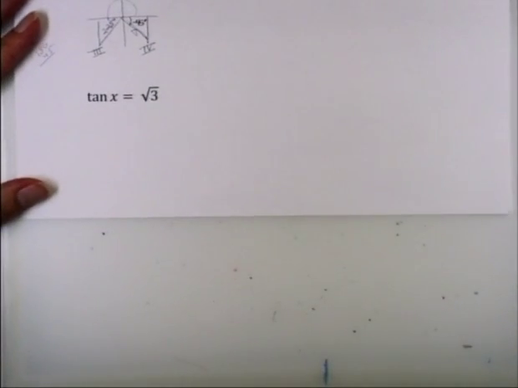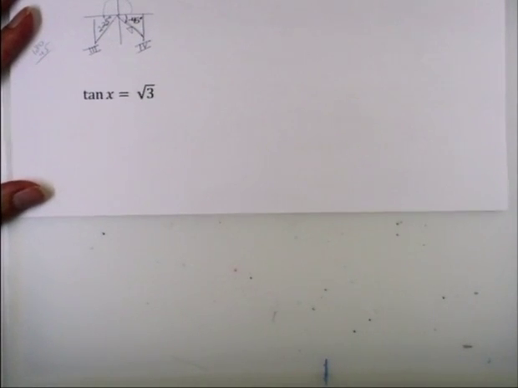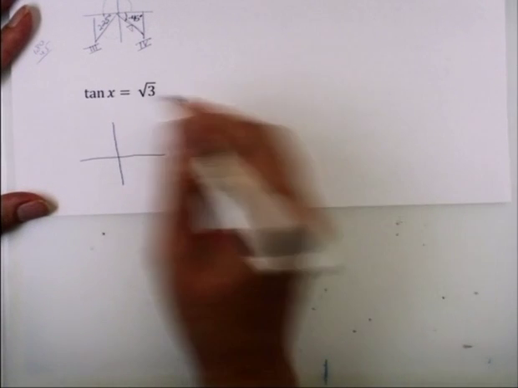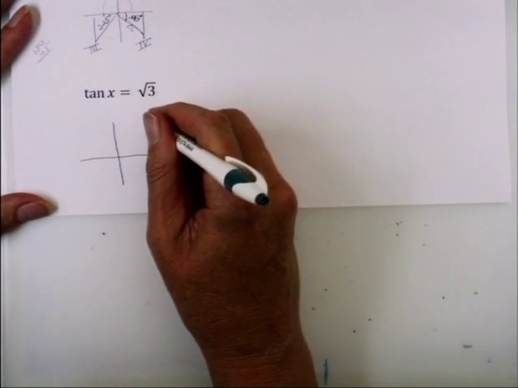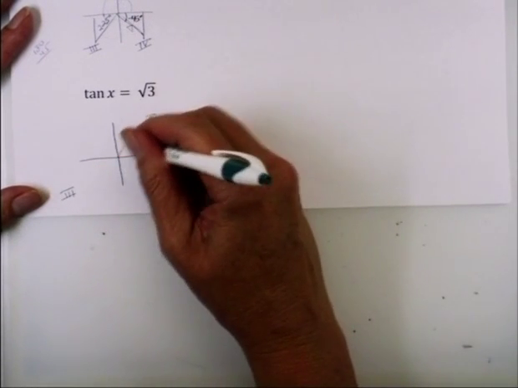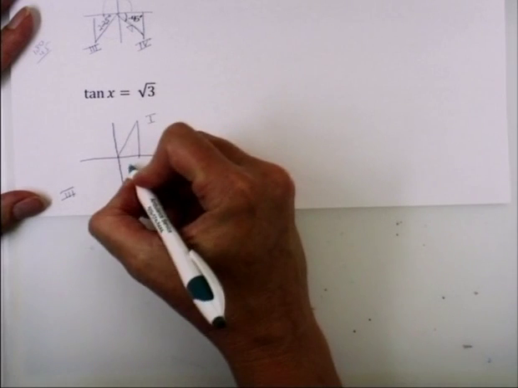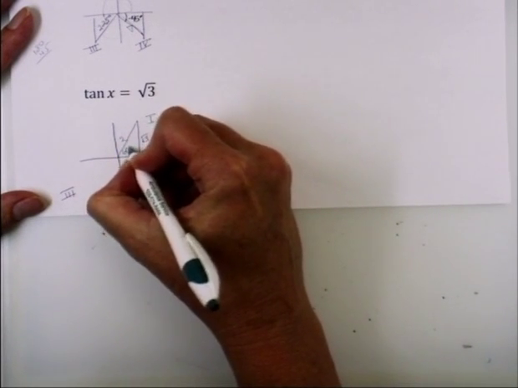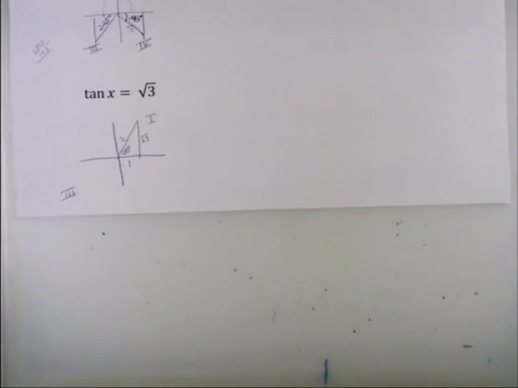Okay, so tangent of x is equal to radical 3. So on this one, I'm working with tangent and it's positive. So I know that tangent is positive in quadrant 1 and quadrant 3. And with tangent, so 1, 2, radical 3, I know that this has to be a 60-degree angle.